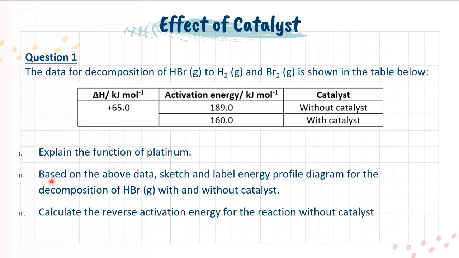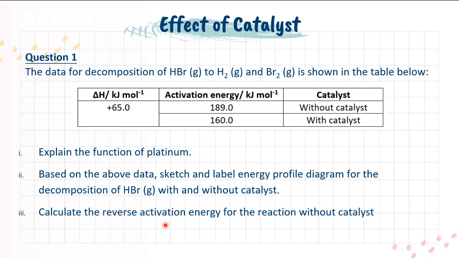And then the second one, based on the above data, sketch and label the energy profile diagram for the decomposition of HBr with and without catalyst. So practice using the values. All right, and then number 3, calculate the reverse activation energy for the reaction without catalyst. Recall that in our chapter 1.2, we talked about the reverse activation energy.